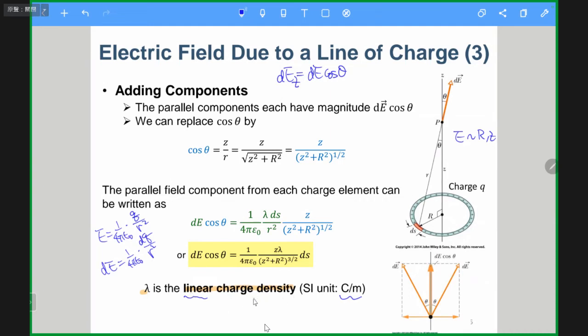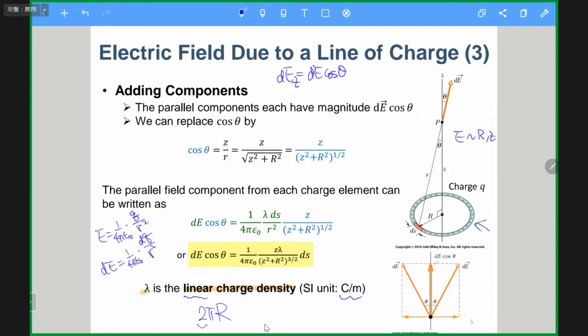Which means that this is a ring, and you can consider it a circle. So the length of this ring is 2 pi capital R, which is the circumference of the circle.